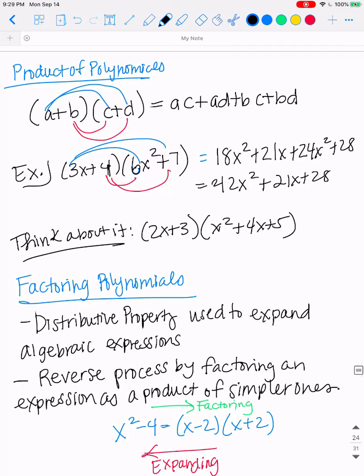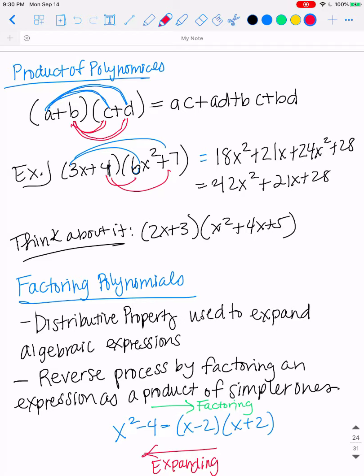Now in the product of polynomials, when we have (a plus b)(c plus d), what I usually do is draw arrows. I do the first term and multiply it times this term and times this term, and then do it for however many terms there are. Then I go to the next term in the first parentheses and multiply it by each term.